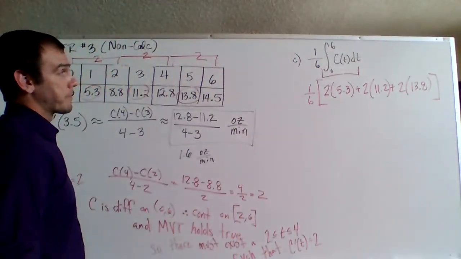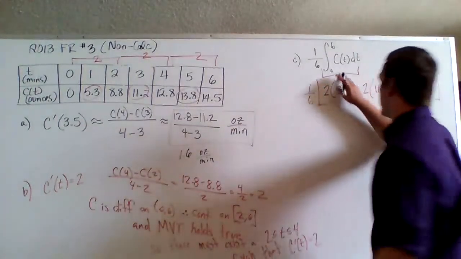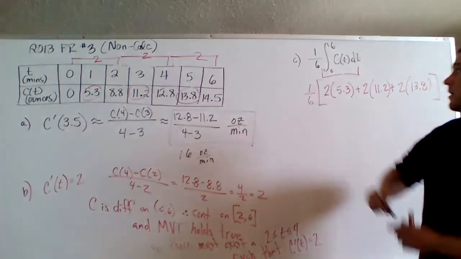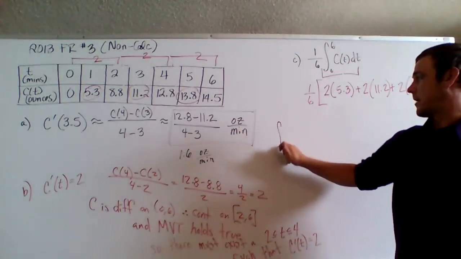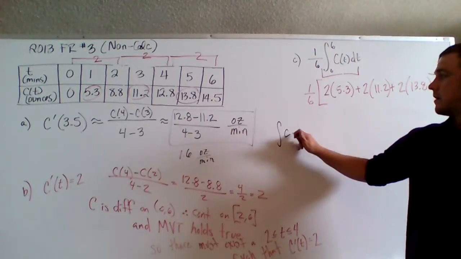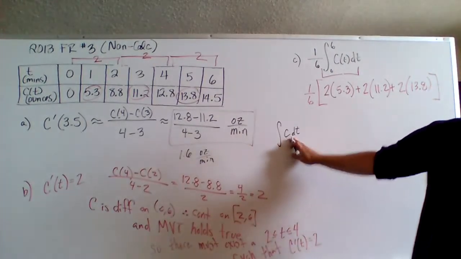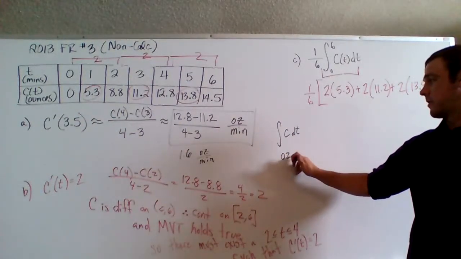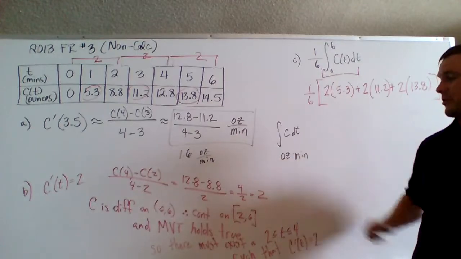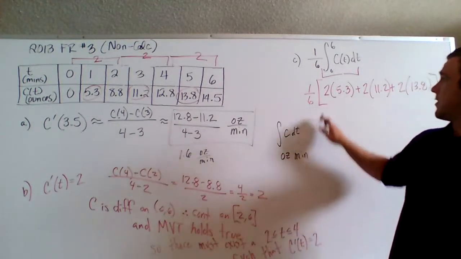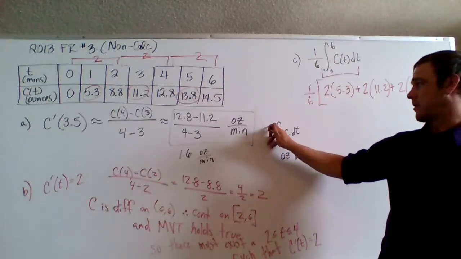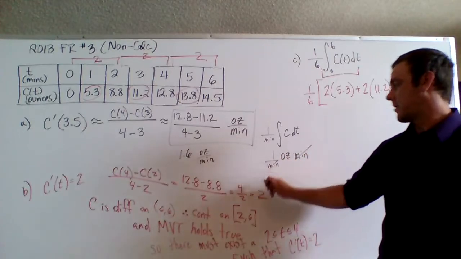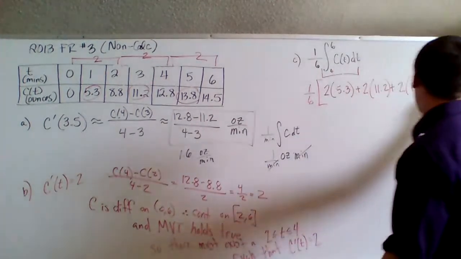Okay, so the units of this, understand, are going to be the same units as c of t. Understand that if you integrate, this is some scratch work, if you integrate c dt, so c was ounces, if you integrate ounces with respect to time, you now have ounces times minutes, which doesn't make a lot of sense. But then we're going to multiply by 1 over time out front. So what happens is your minutes cancel, and our units are now just going to be ounces.